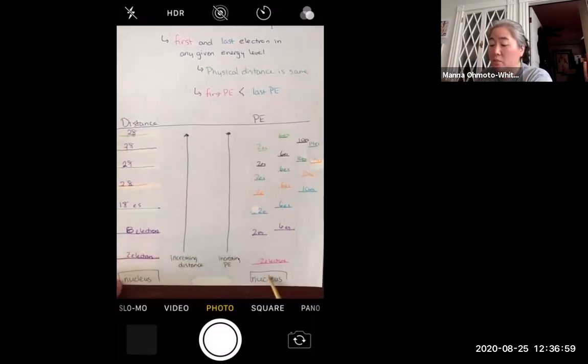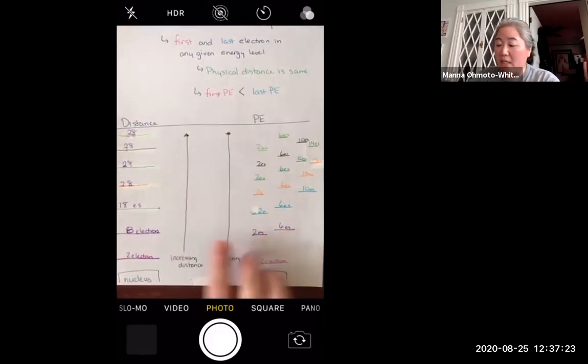So if you're thinking about this as a movie screen, these are the distances of the rows of seats, and this is how much potential energy it takes in order to fill those rows up. So the potential energy of these electrons is not equal, and it has a very different feel than the actual distance. So the distances are fixed, but the potential energy within a distance is not going to be fixed.